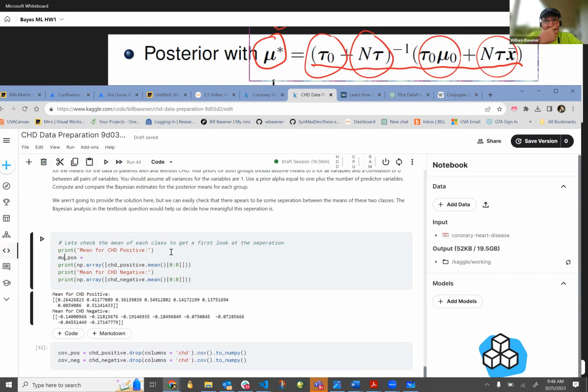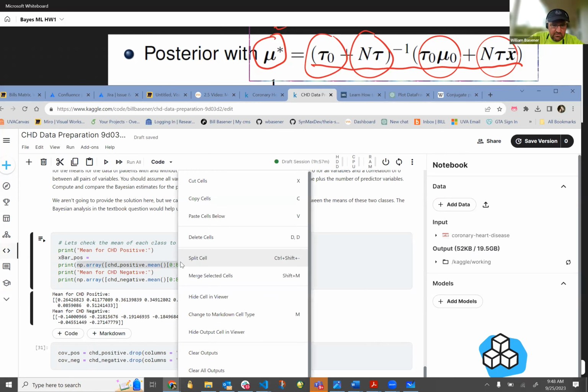It's the data estimation of the mean. Because we have a couple of different mu's running around, I'm going to call this variable x bar positive. If you called it mu, that's okay. The bar means we've estimated this as the mean of our data. So for the positive, it's going to be this.